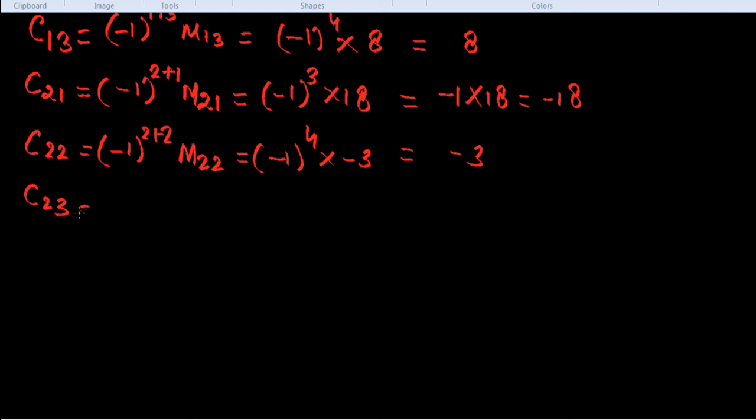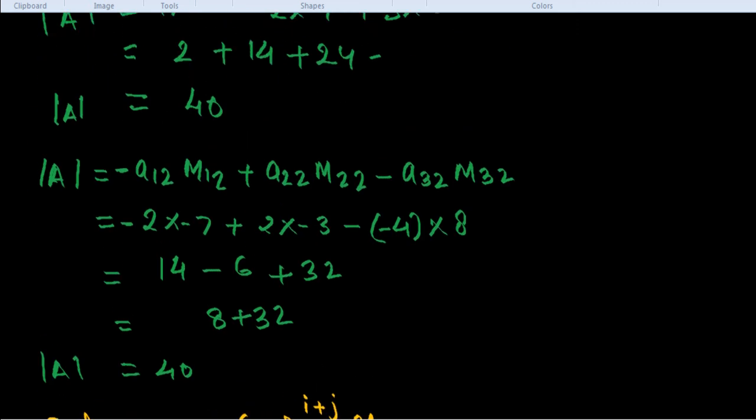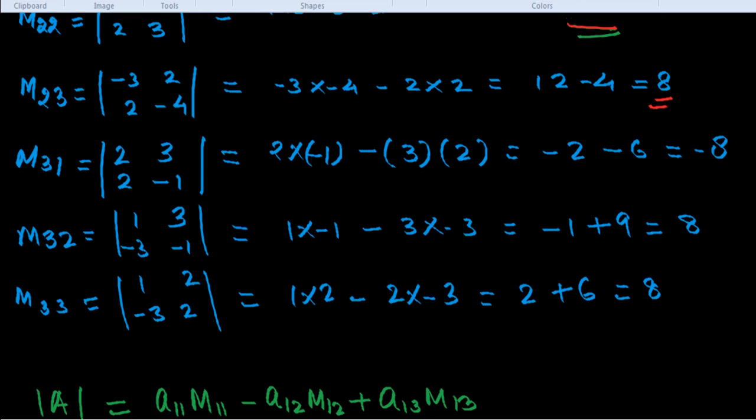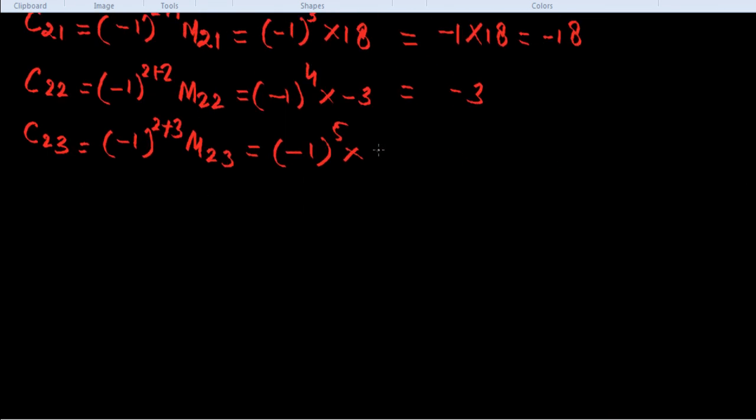And C23 is minus 1 to the power 2 plus 3 M23, minus 1 to the power 5, and the value of M23 is 8. Now we put here 8. We get the odd power, so minus 1 into 8 which is minus 8.